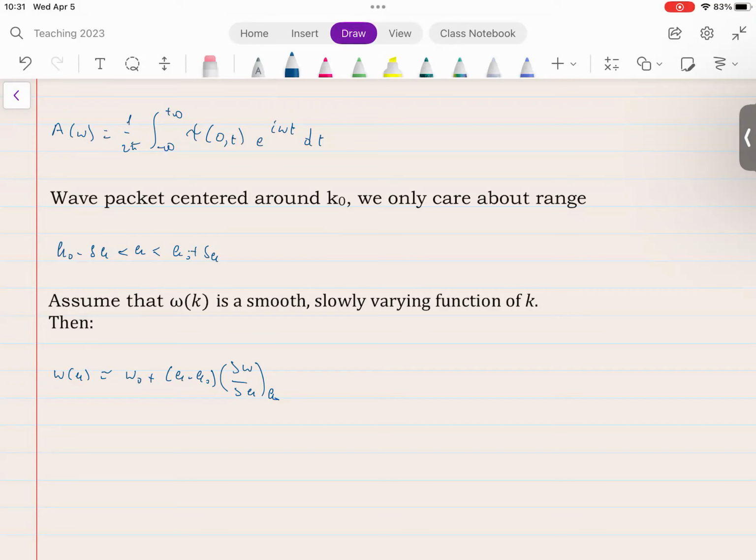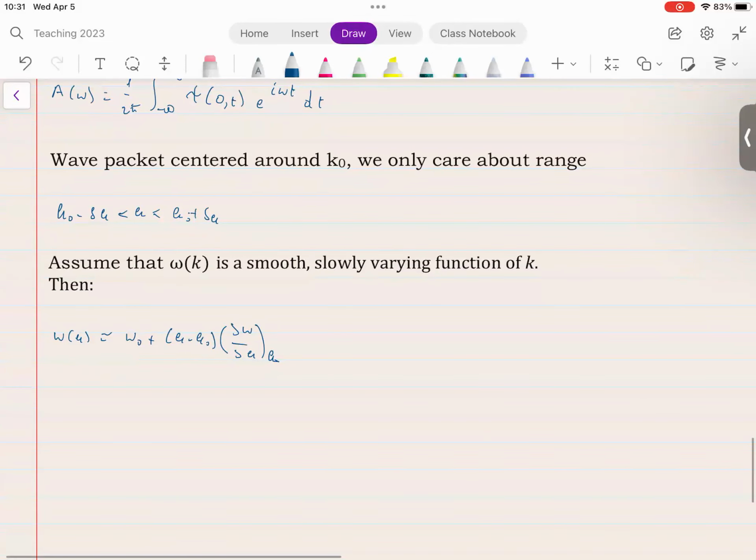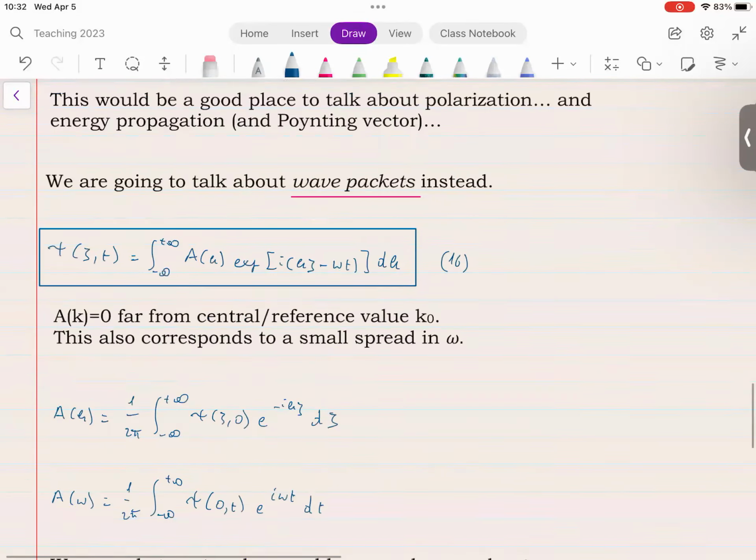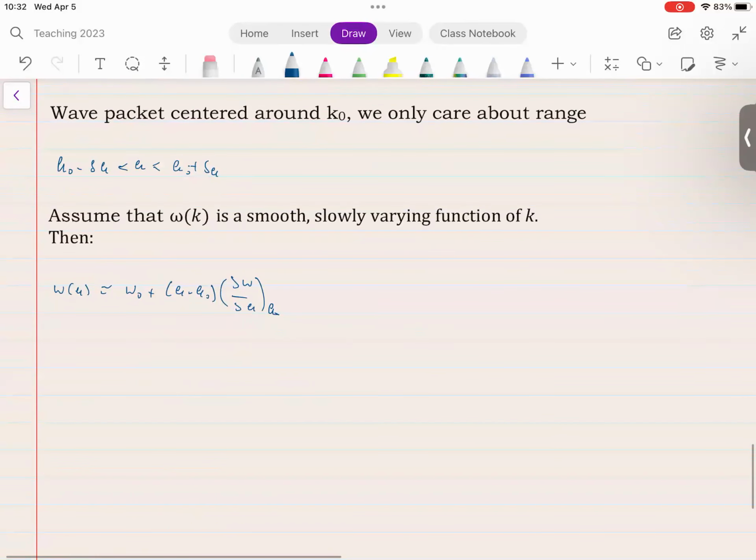Now, what is the phase factor in our wave equation, the place where we started? That would be equation 16. The phase factor is the stuff that's inside the sine or the cosine, or in this case, the exponential.